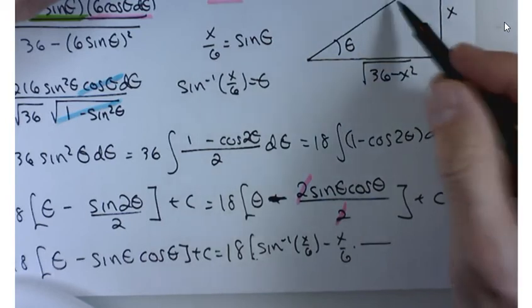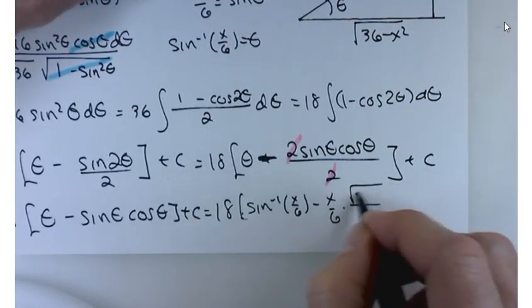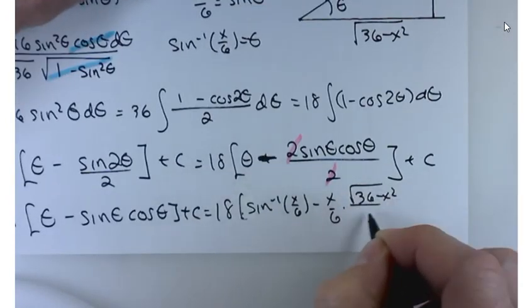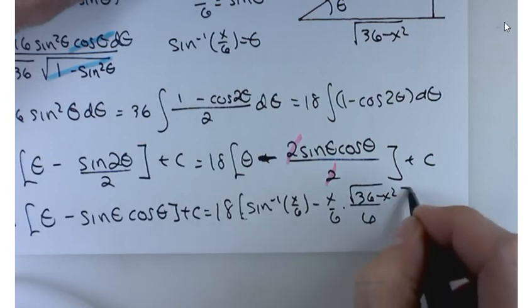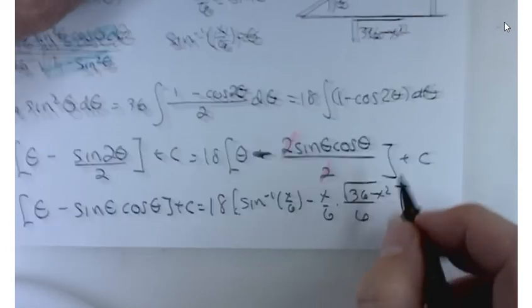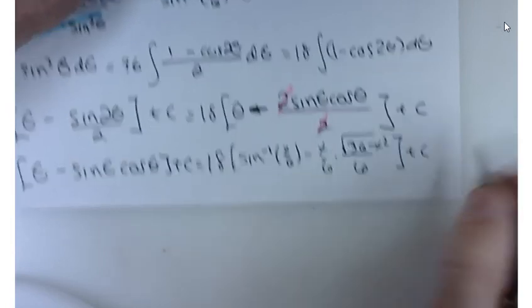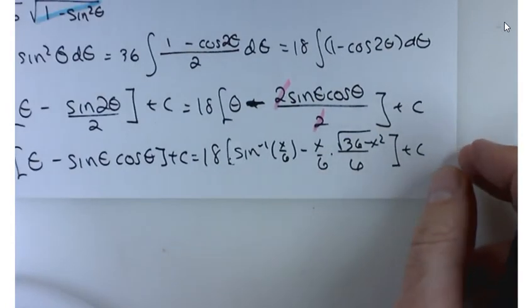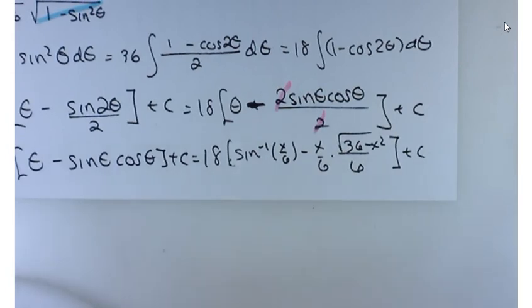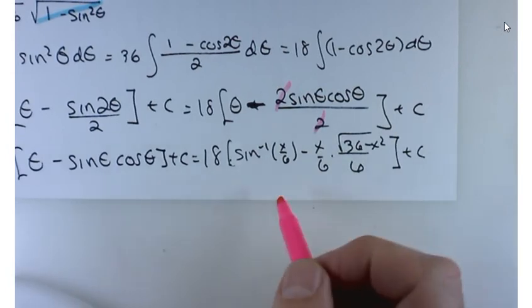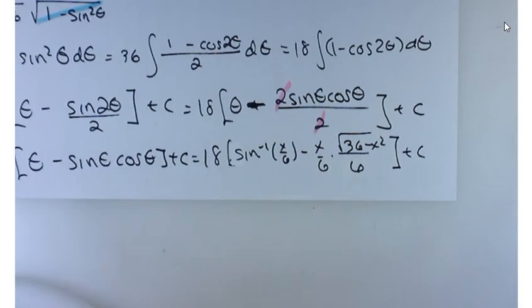Okay. Are there any details here that are still missing in your mind? Something that maybe I went over a little too fast. That enabled us to break up sine of 2 theta into 2 sine of theta cosine of theta, so that we had some terms that we could deal with.